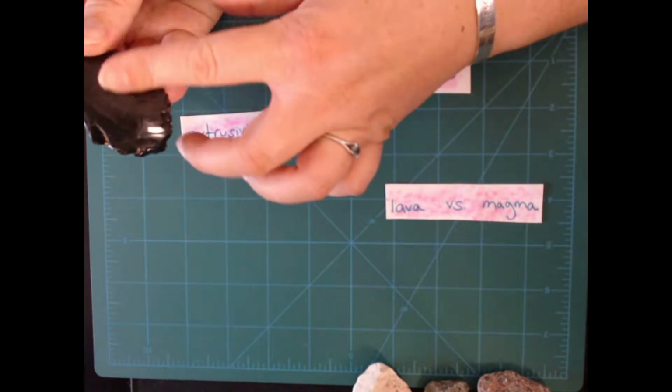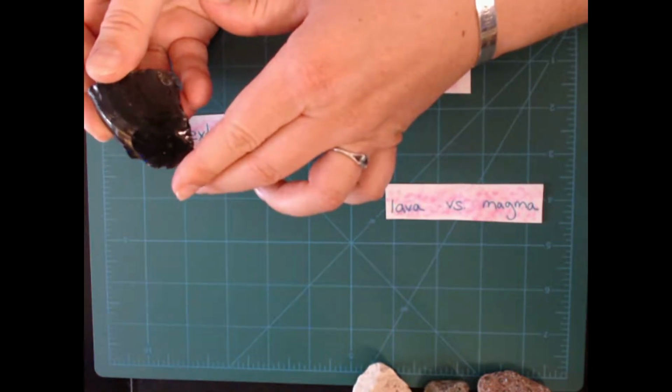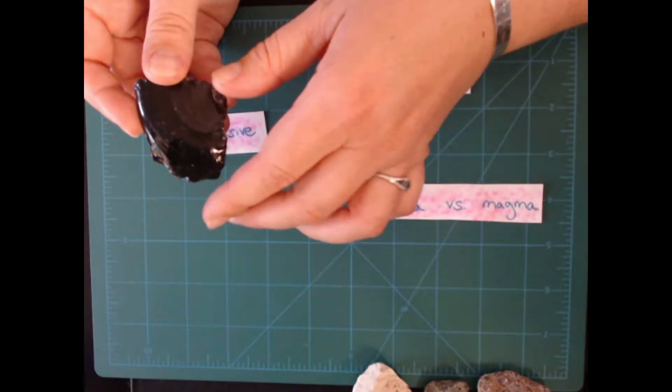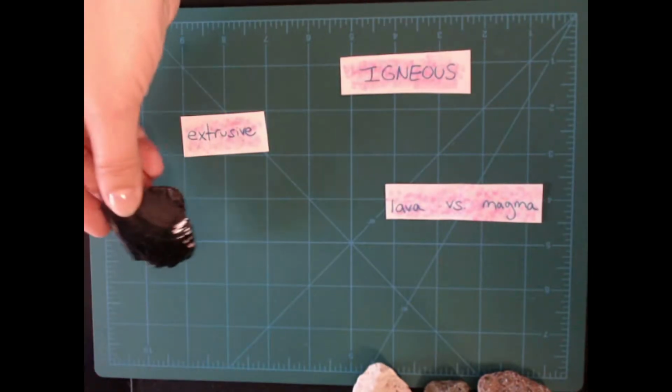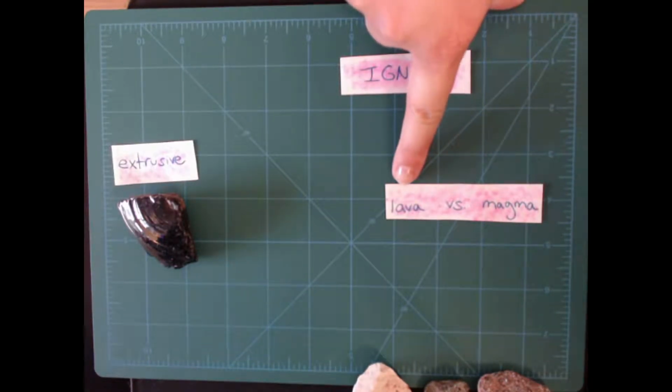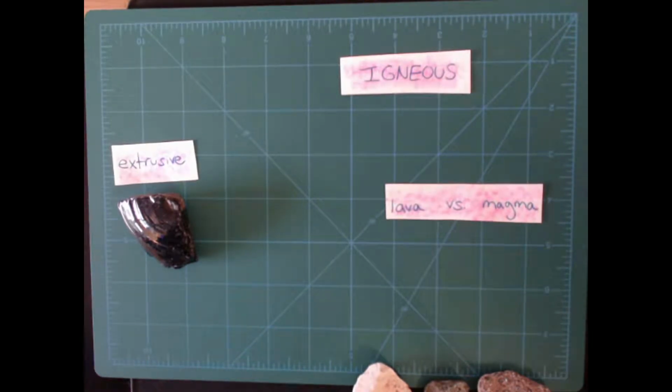That's why you get this nice glassy texture: it had to cool very, very fast because it cooled on the outside of the earth. So obsidian is a very classic example of an extrusive igneous rock, and one that you often see in areas that have a lot of volcanic activity because, when volcanoes erupt, you have all that lovely lava on the outside of the surface.